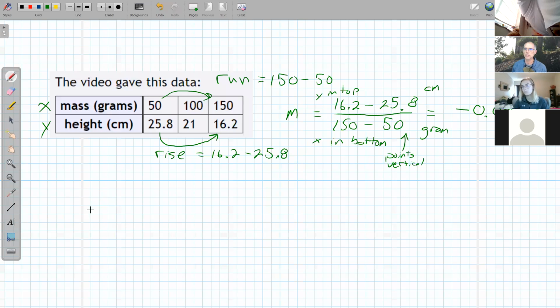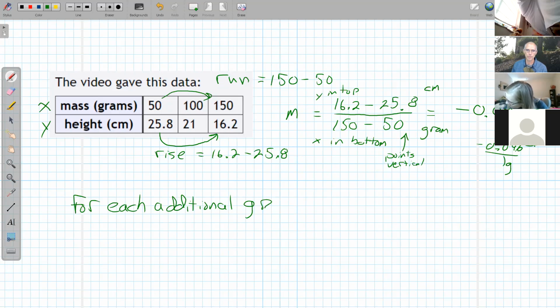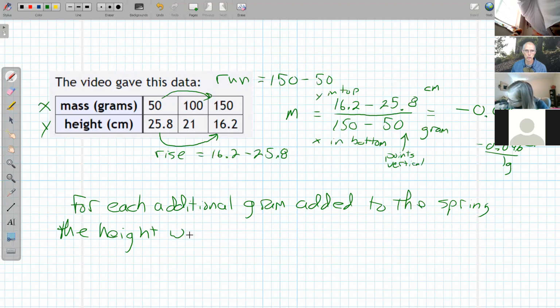If I wrote a sentence, I would think about that as negative 0.096 over 1. So that number would be centimeters and this number would be grams. So I could say something like, for each additional gram added to the spring, the height, H-E-I-G-H-T, will drop or decrease, some word for the negative.